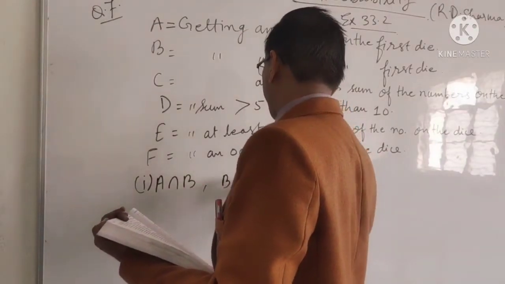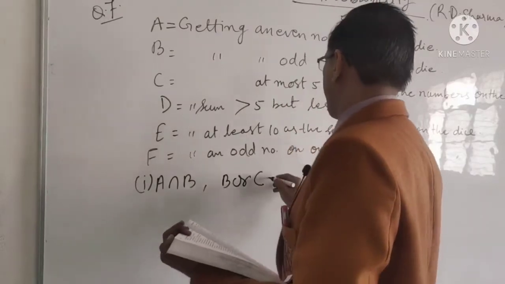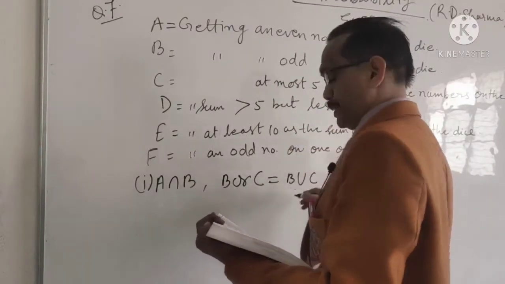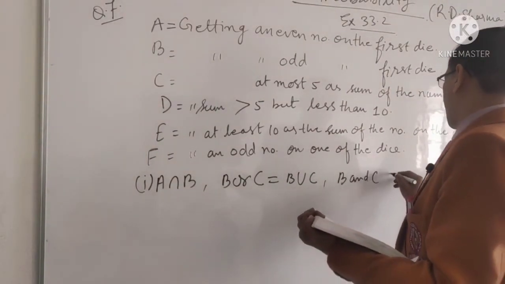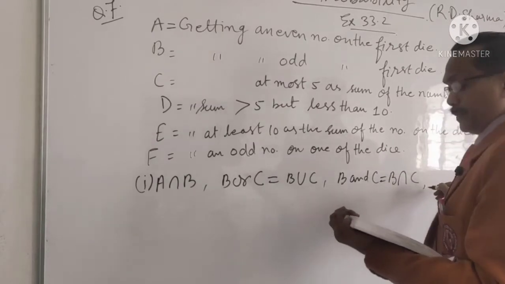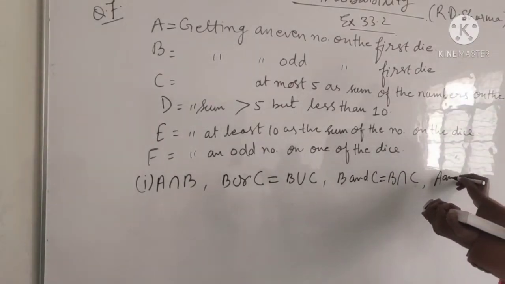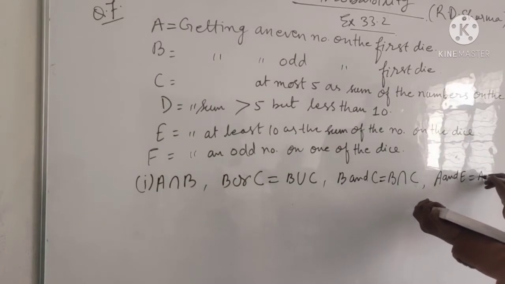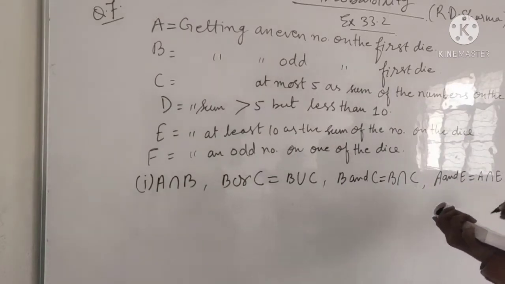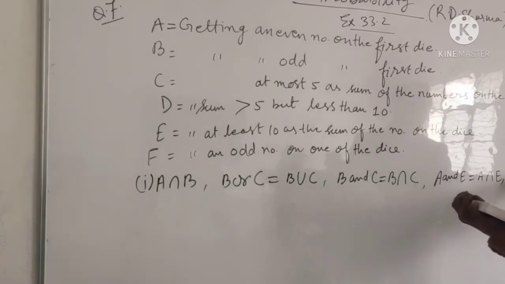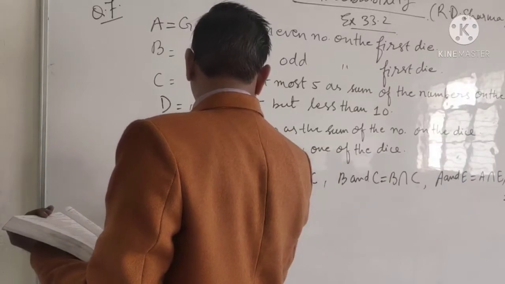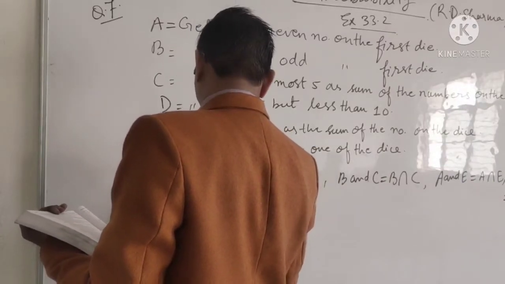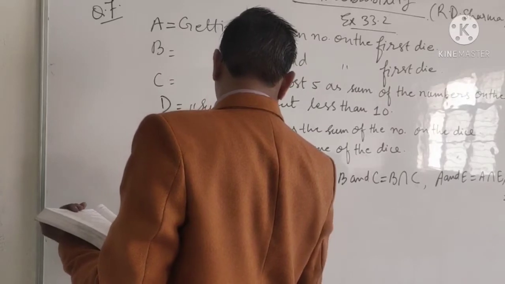And B or C means B union C. B and C is B intersection C. A and E is A intersection E. A or F is A union F. A and F means A intersection F.